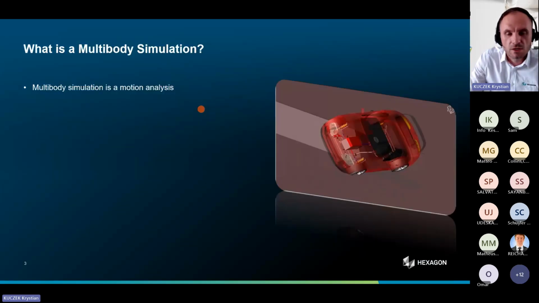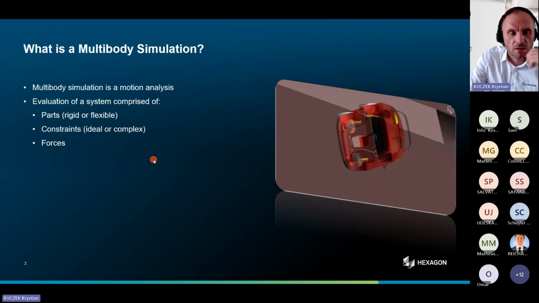What is a multi-body simulation? Simply speaking, multi-body simulation is a motion analysis of a complex system. A multi-body model consists of parts and constraints, so they are connected to each other, and of course we have external forces connected to it.